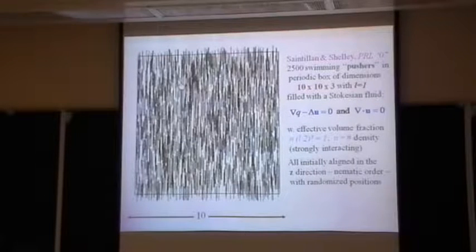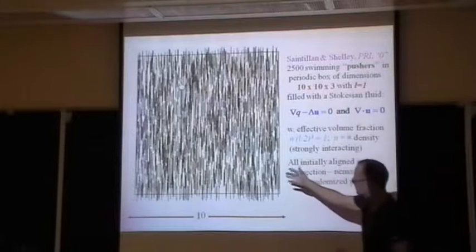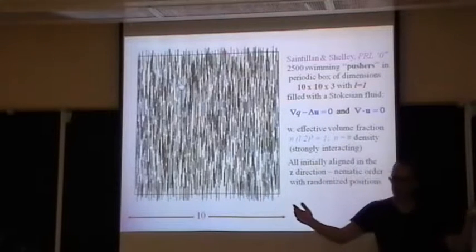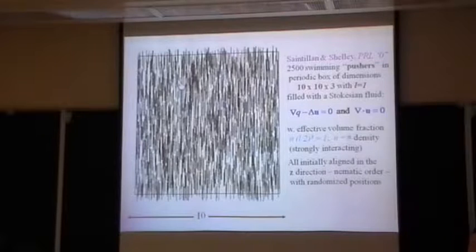Okay? And so now we've taken 2,500 of our swimmers. They're in a 3D box with periodic boundary conditions. We've lined them all up, and we've just randomly displaced their centers of mass, and we're just going to let them go and see if they can stay pointing up.